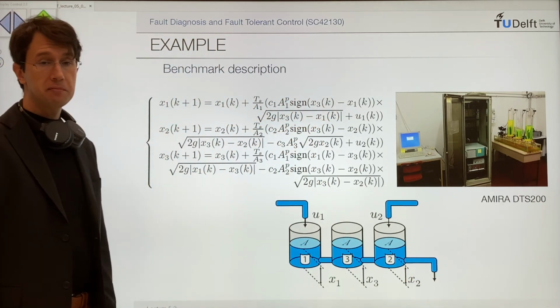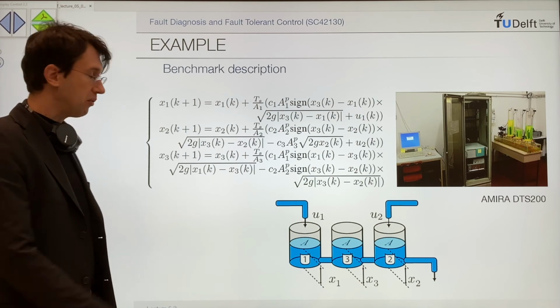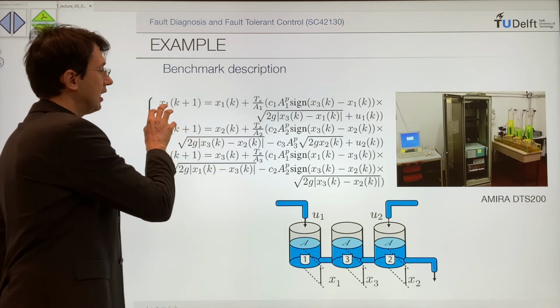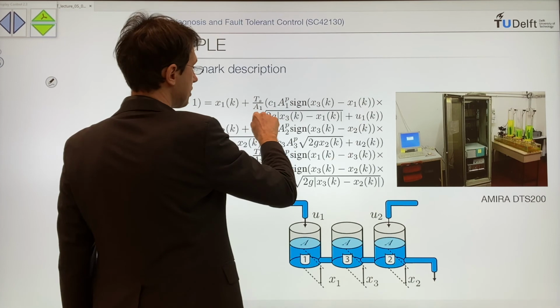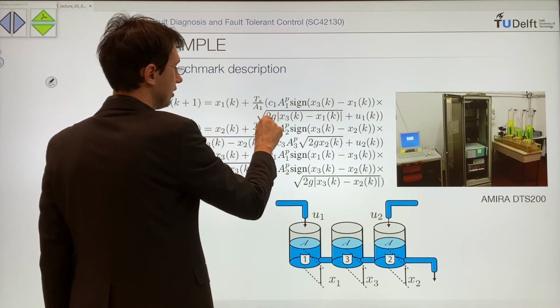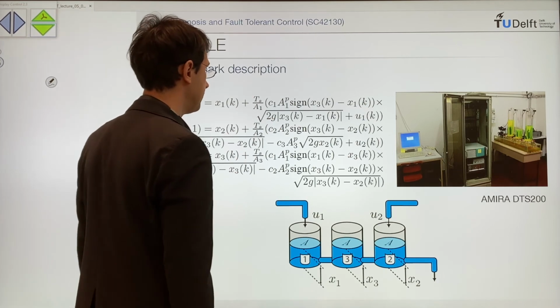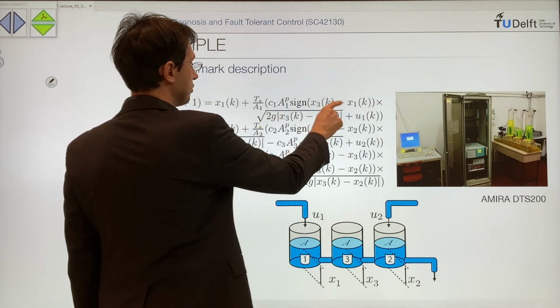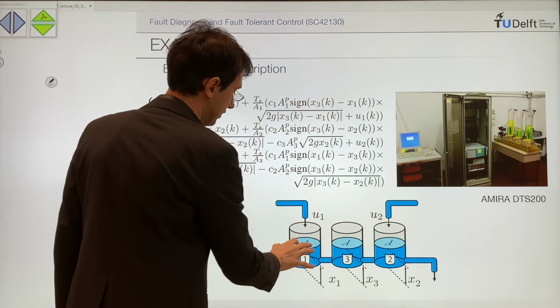In discrete time, you can write the dynamical equations of the tanks, and you get a square root of 2 times g, the gravity acceleration, that multiplies differences in levels.